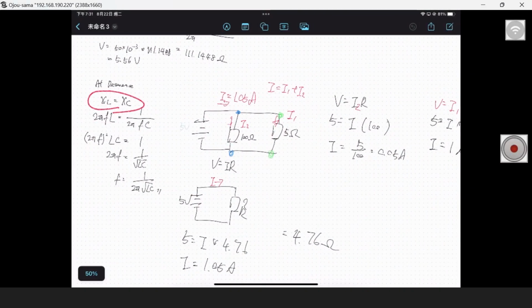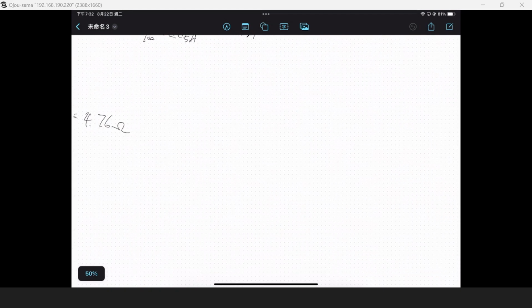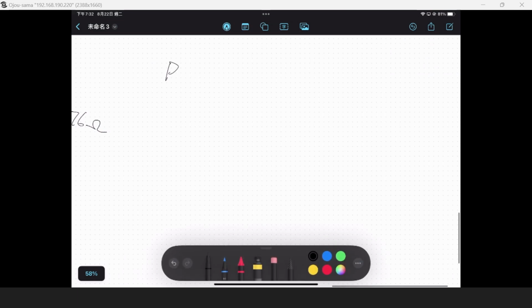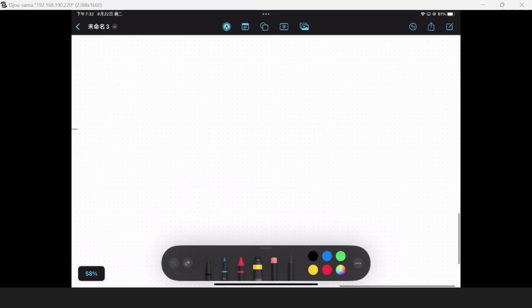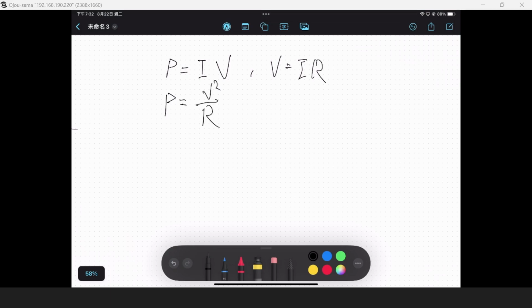So we got something like this last time, right? Let me explain it once again. Before, we got things like this. P equals IV, right? And V equals IR. That's why P equals V squared over R, okay?